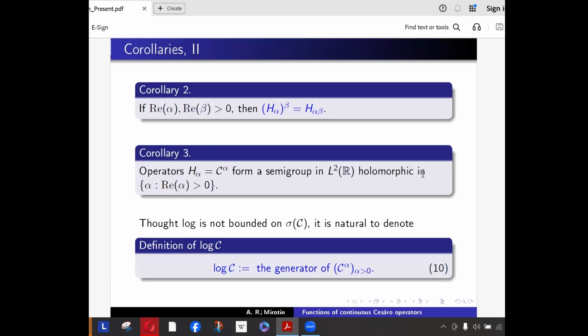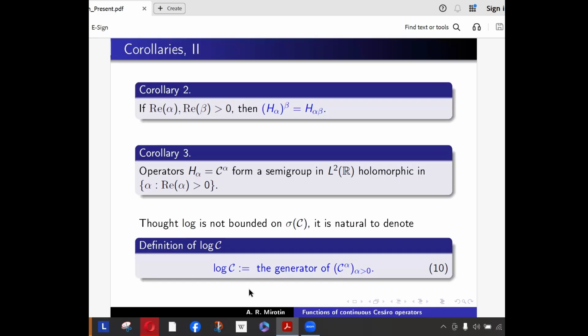So it is natural to denote by the logarithm of C the generator of this semigroup of operators. It should be noted that the logarithm is not bounded on the spectrum of C because 0 belongs to the spectrum of C. Therefore, our definition 10 is not a special case of the Borel functional calculus of normal operators, because the Borel functional calculus of a normal operator deals only with bounded functions on the spectrum.